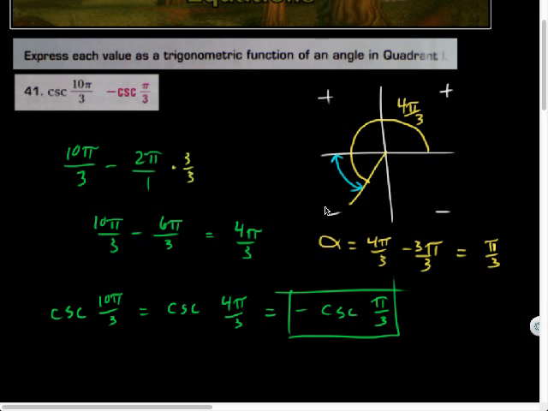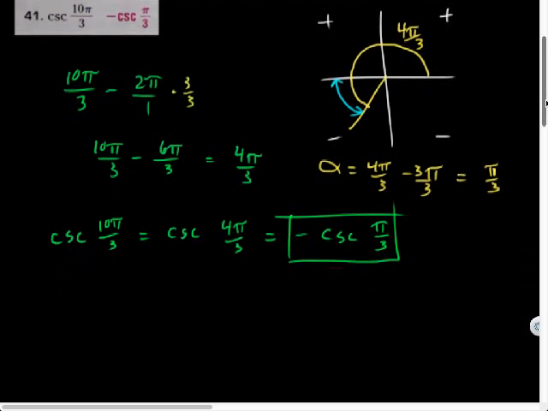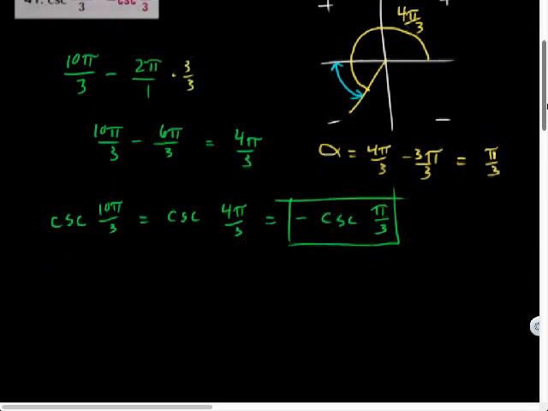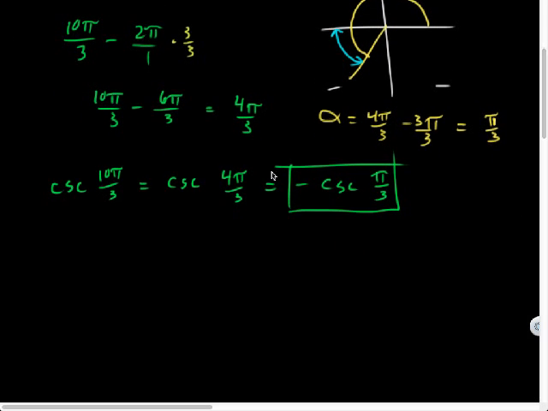Now these were related to some of the symmetry identities. There are ways that we could have related it to those, though I'm not as interested in that. But you could have realized that pi over 3 plus 3 pi over 3, or plus pi, sorry, is equal to 4 pi over 3, kind of rearranging it.